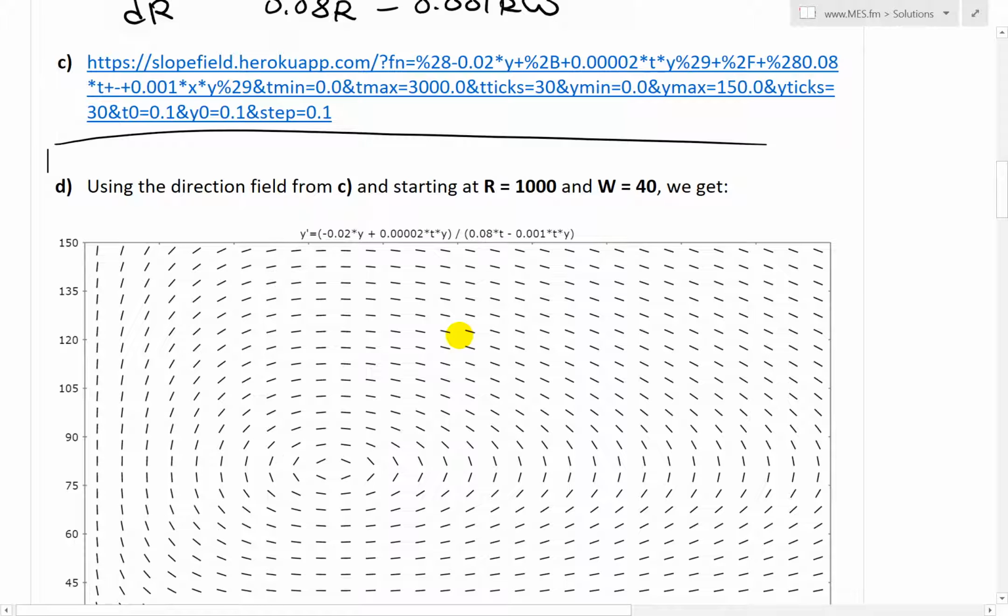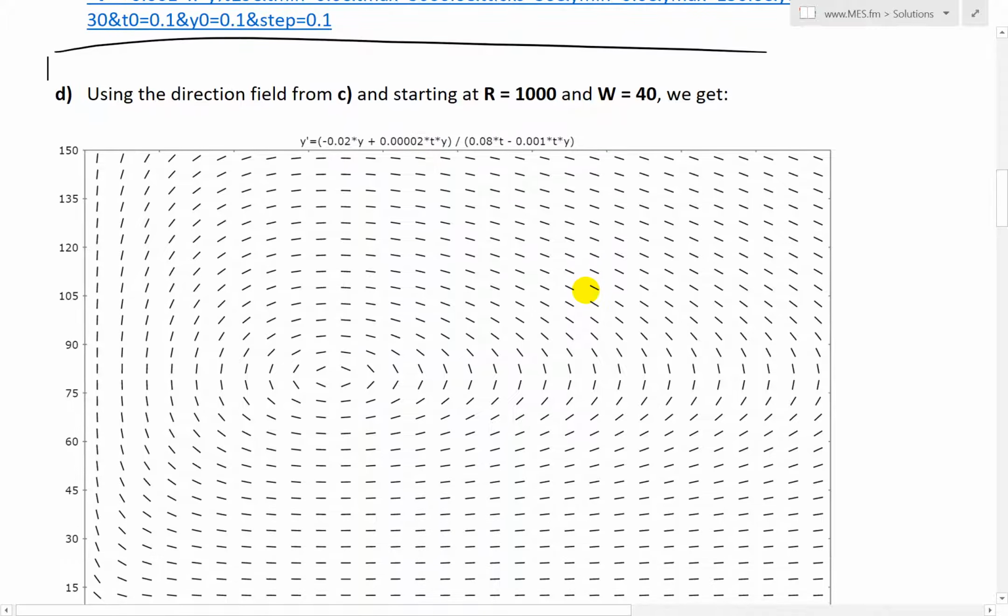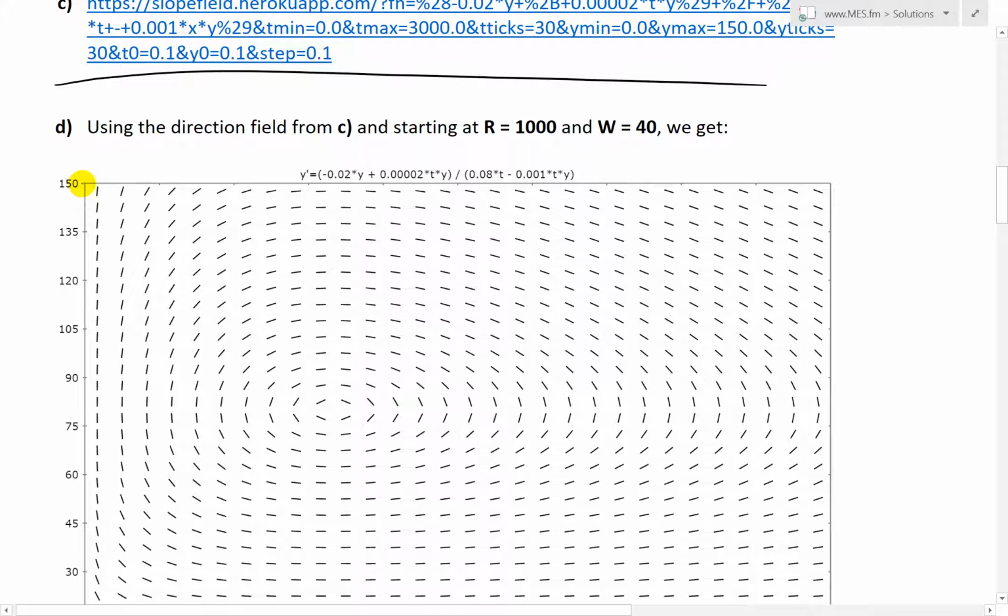So D states, using the direction field from part C and starting at R equals 1,000 and W equals 40. First, this is W, that axis.